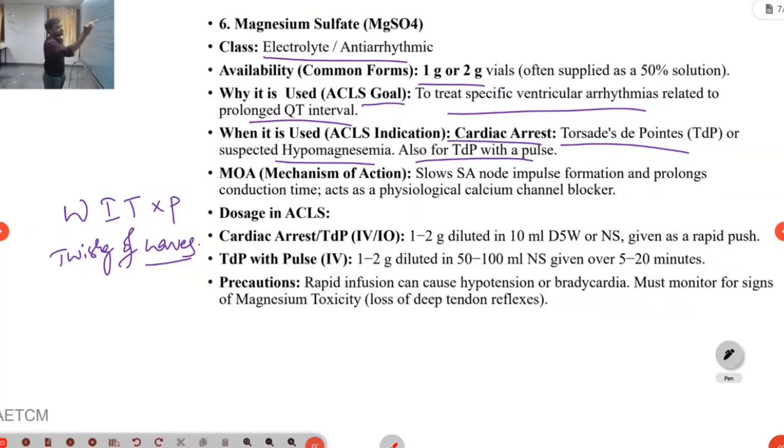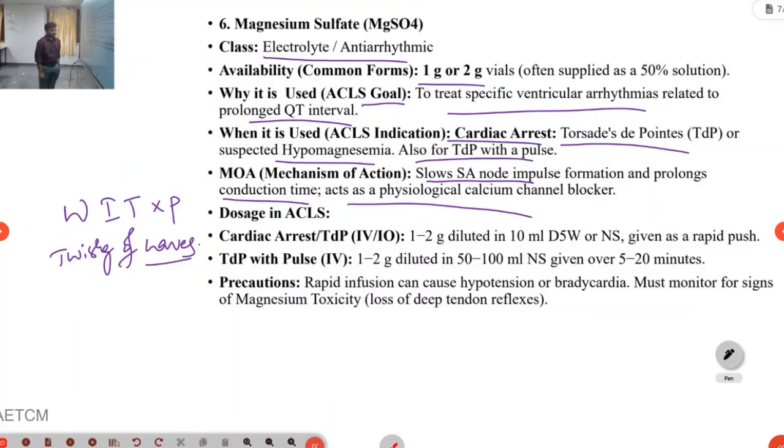Mechanism of action: it slows down SA node impulse formation and prolongs the conduction time. We have already discussed that the conduction time will be prolonged by giving this drug, and it slows down SA node impulse formation, and it acts as a physiological calcium channel blocker.